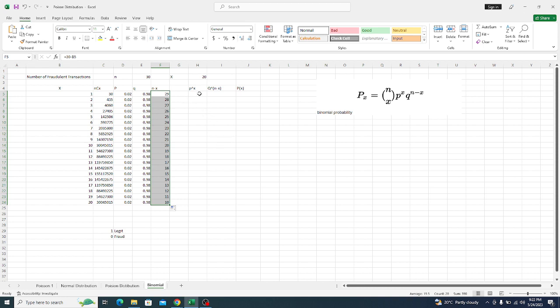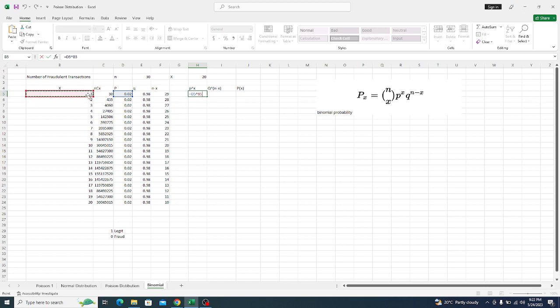Then we also need p raised to x. So p raised to x is this probability raised to x, which is this one.